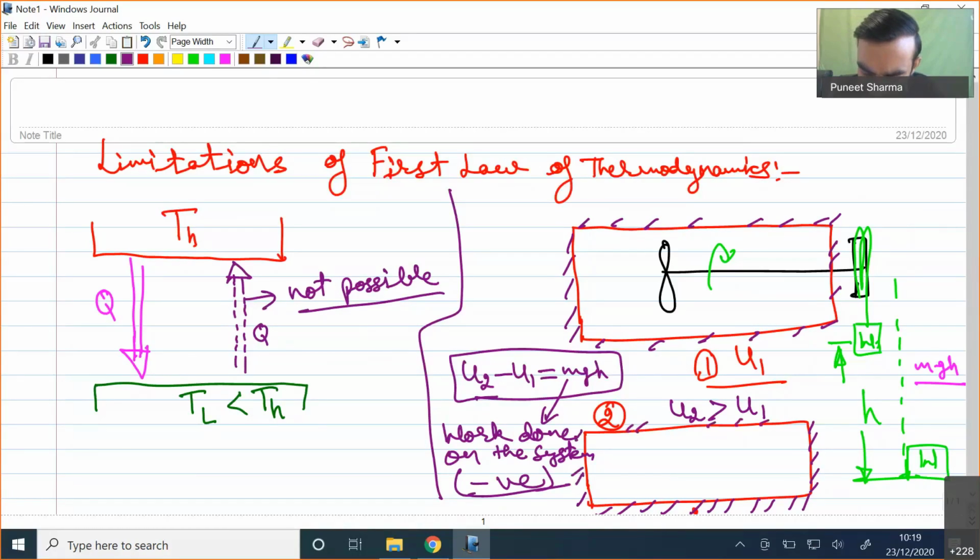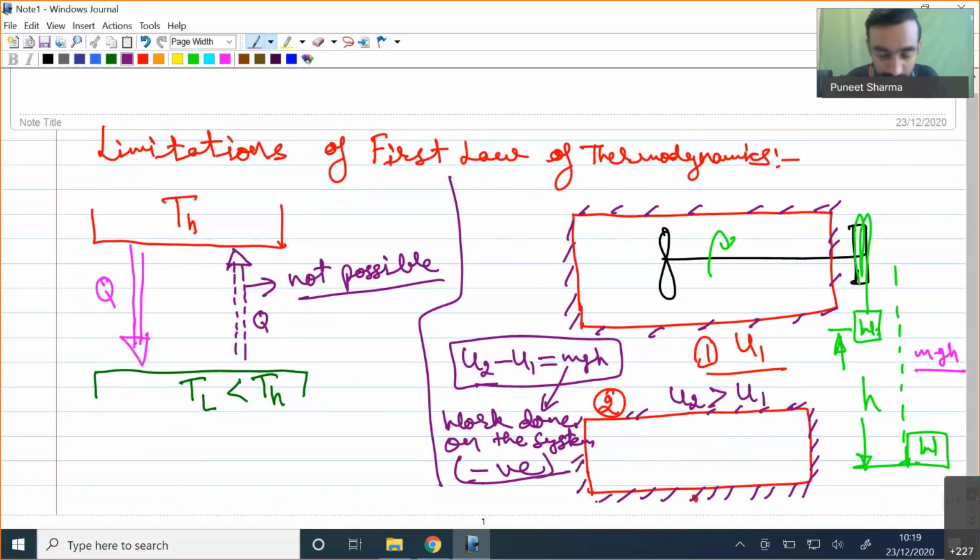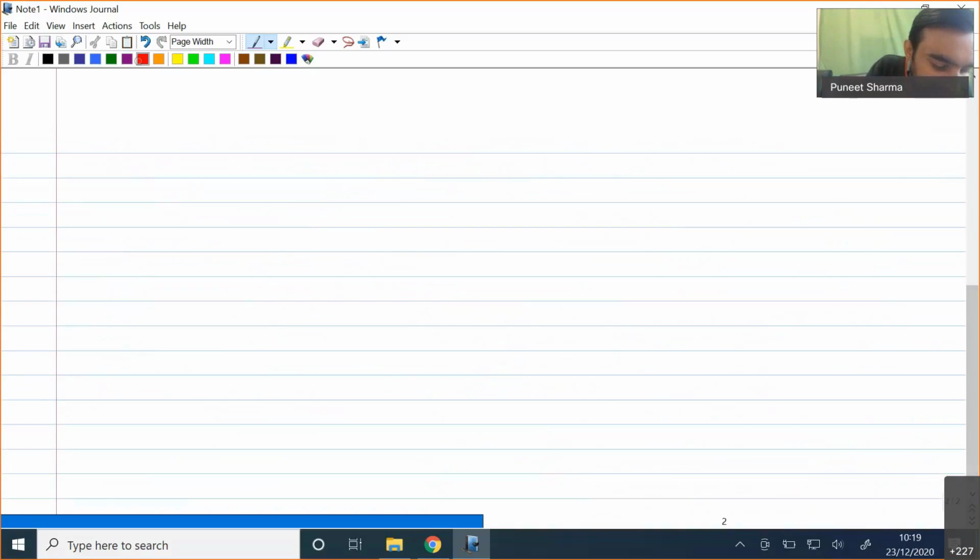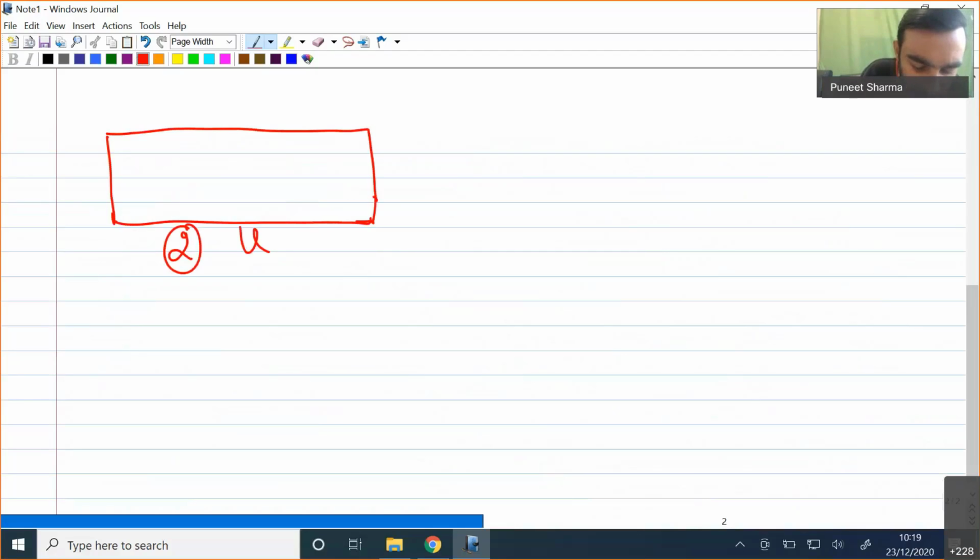With increased internal energy, obviously our temperature will be more, and we have a different thermodynamic state. Now I am at state 2, where my internal energy U2 is greater than U1.